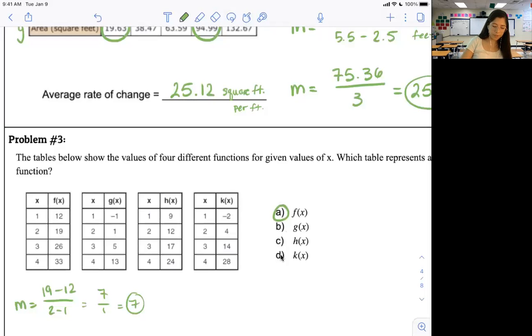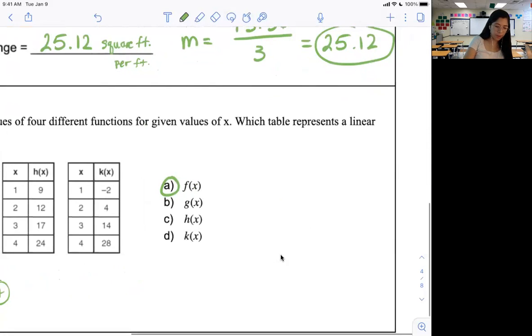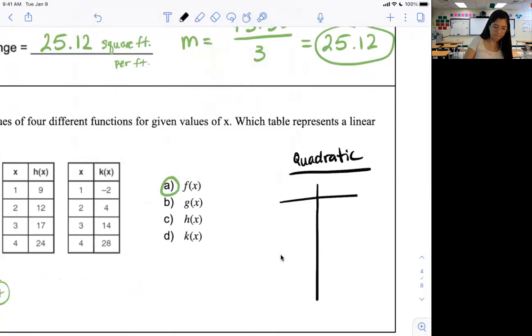Yeah, of course, I can show you what it would look like. So for example, a quadratic function. Let's say, actually, let me make it a little more interesting. Let's say it was something like this.